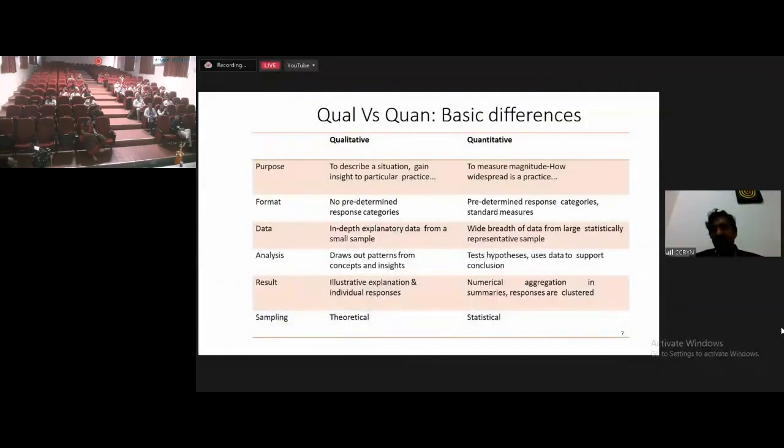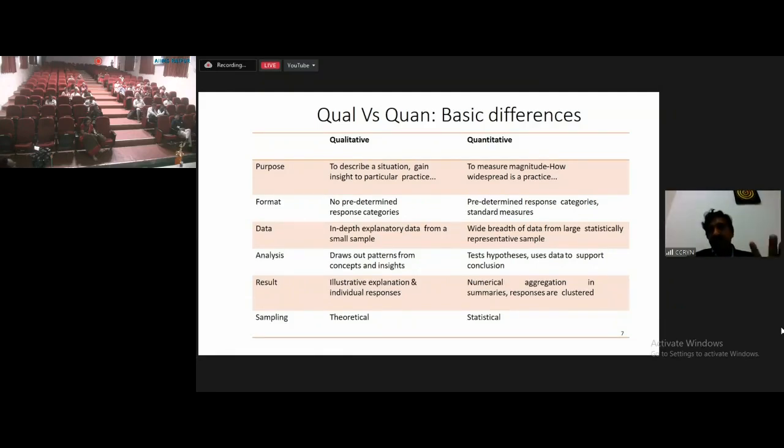So all it does is draw out different kinds of patterns and behaviors, and ranks them. This is the more dominant among all these patterns. Then based on those, you can do more quantitative research later on.